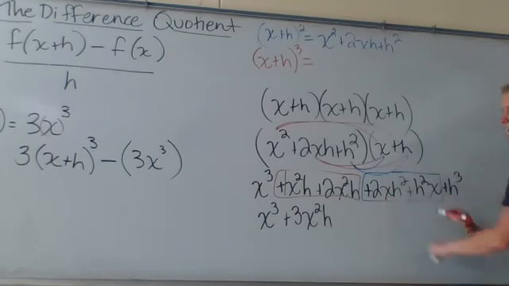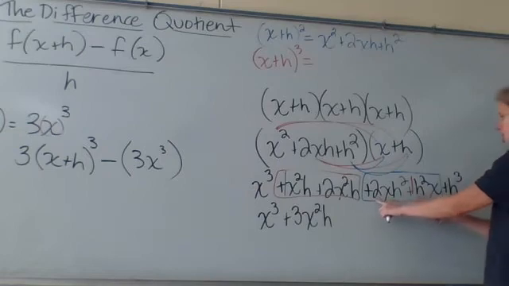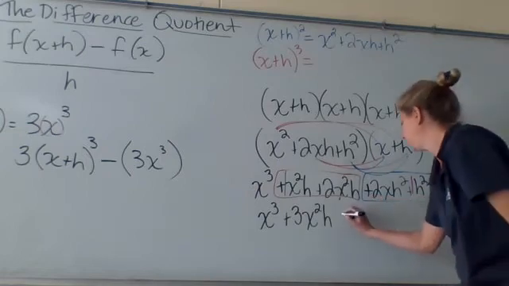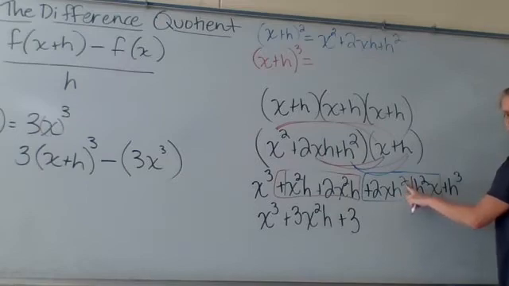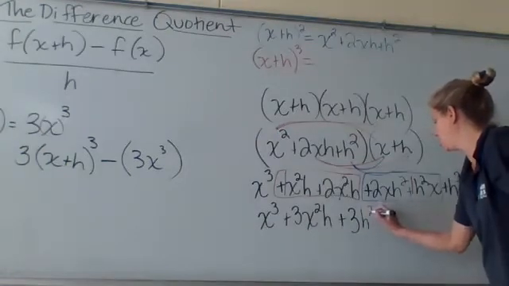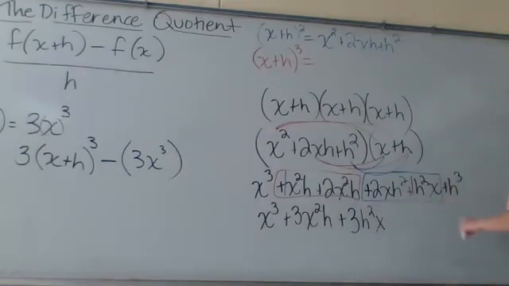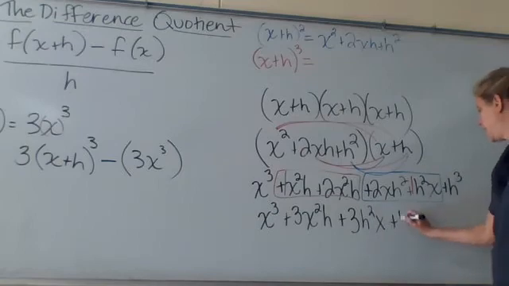So even though the xh is flip-flopped, the x is still just an x and the h is squared. So again, those are like terms also. So when I put those together, I have 3 of them again. And you can write it either way, either x h squared, or h squared x. Either way, I'll write it h squared x. And then drop down your plus h to the third power.